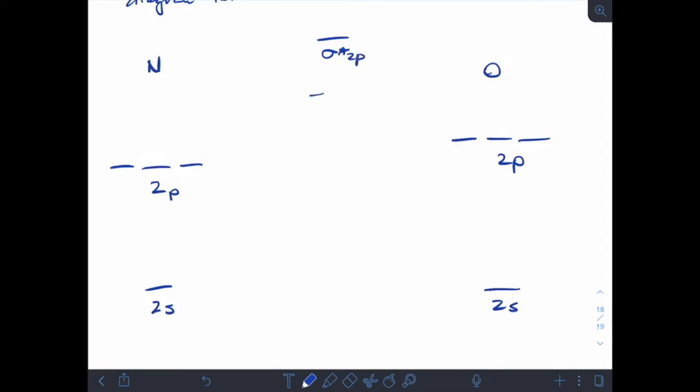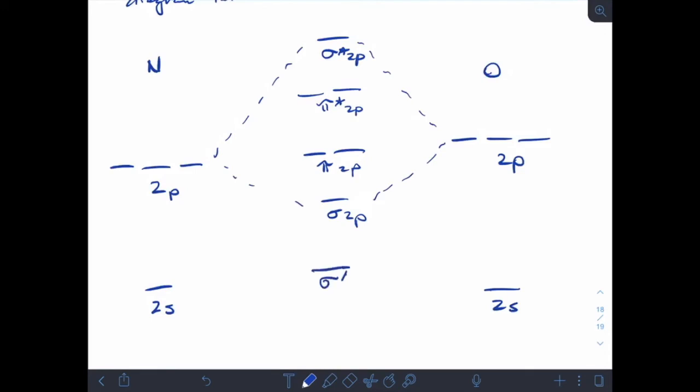The next one down is my pi star 2p, and then my bonding pi, and my bonding sigma. Okay. And then down here we have, of course, the antibonding 2s and our bonding 2s.